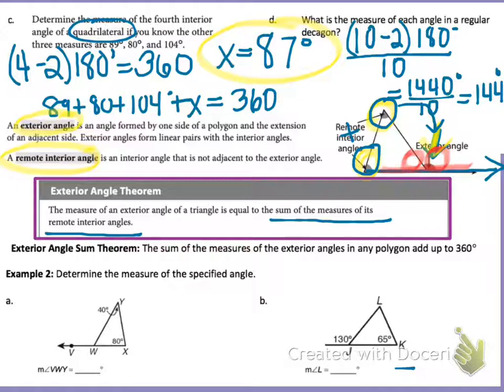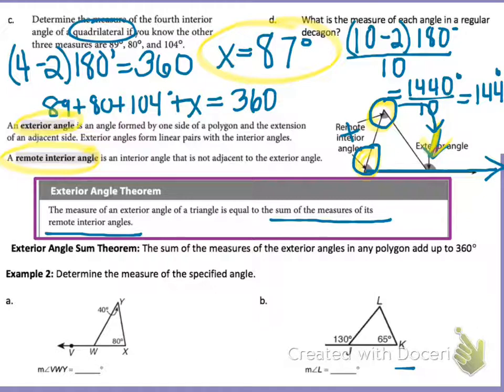So they add up to 180 degrees, right? And also we know that the 3 angles inside the triangle add up to 180 degrees. Because the linear pair adds up to 180 and so do the three angles, the exterior angle must be the sum of the two remote interior angles.